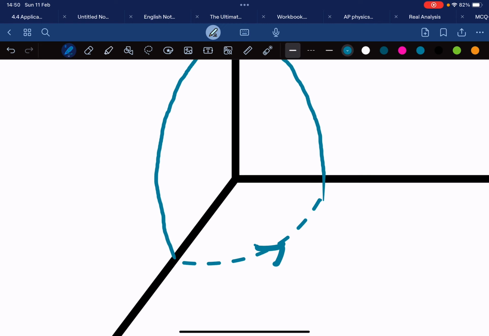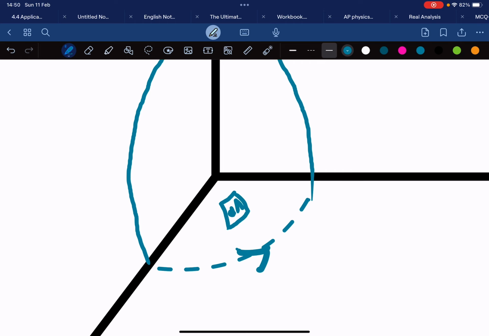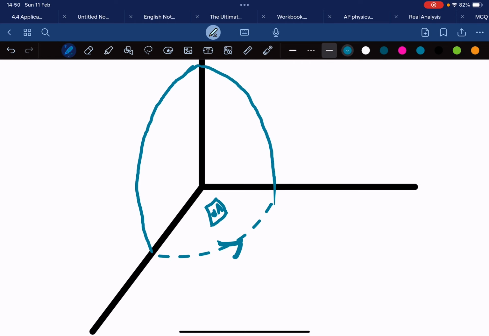So let's try to picture it here. If we think of this as some surface, then it's going to be like this. Then it's going to be dA. I can't really fit it on there, and it's going to have direction in the normal direction.